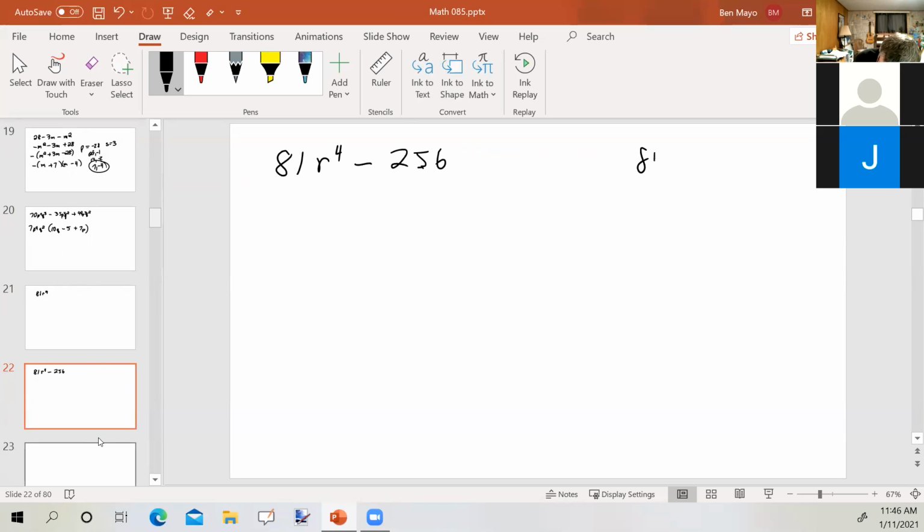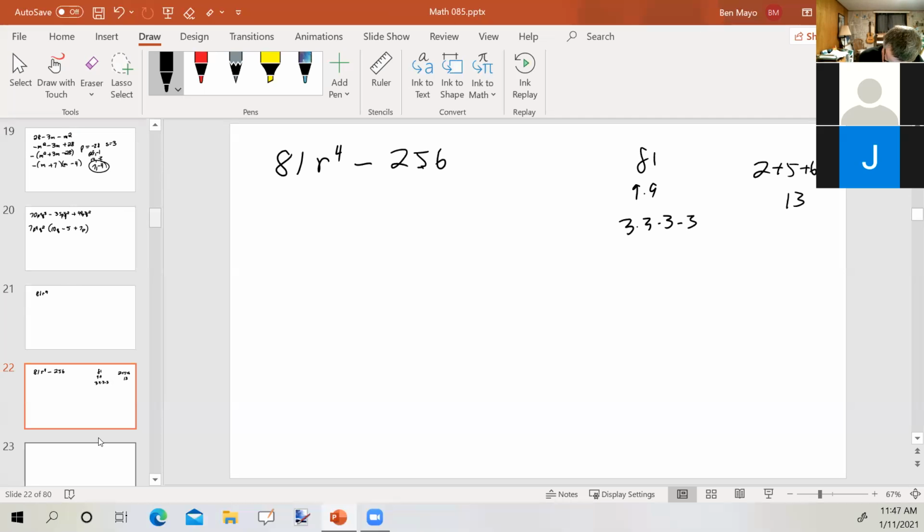Well, 81 is 9 times 9, or 3 times 3 times 3 times 3. 256, remember, if you add up the digits of a number and 3 goes into that sum evenly, then 3 goes into the original number. It doesn't appear so, so I don't think we can take out a greatest common factor.